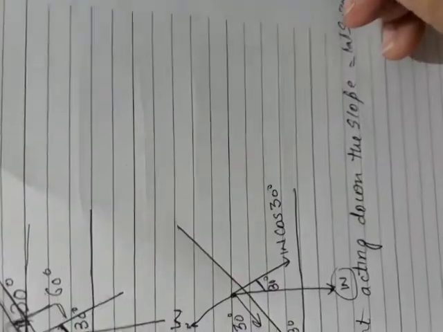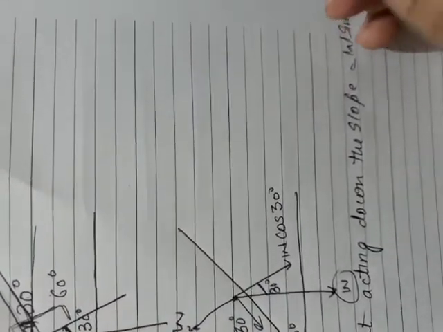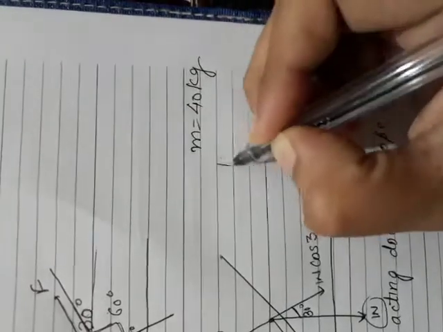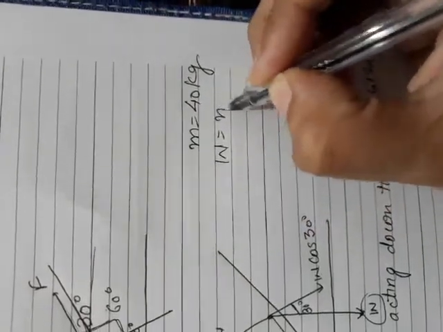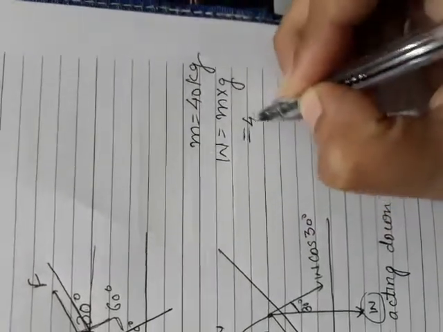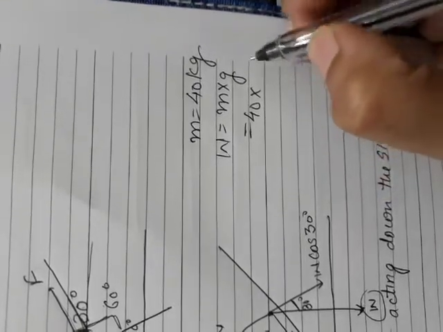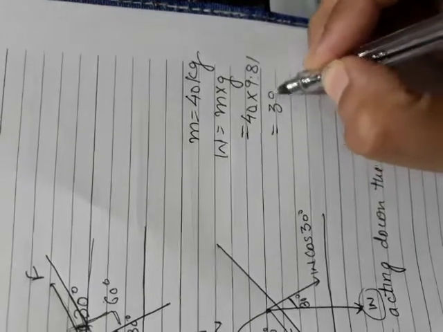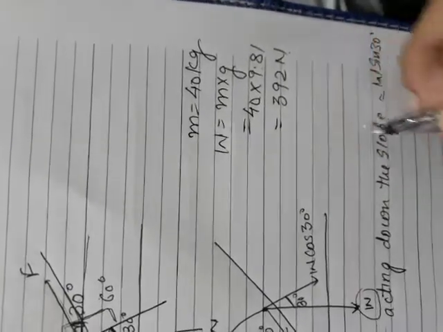Now what is given to us? Mass is 40 kilograms. So what is weight? We know the formula of weight, m into g. That is 40 into 9.81. When you multiply them, it comes to 392 Newton. Put the value over here.